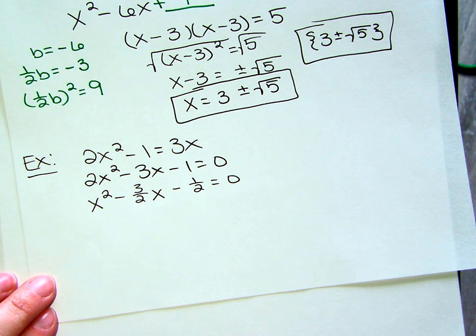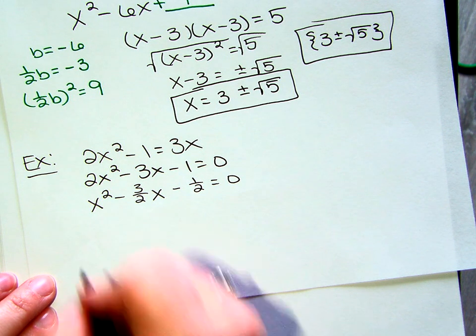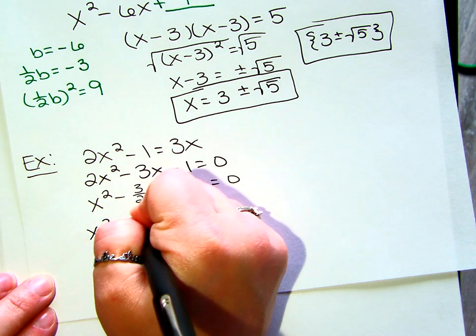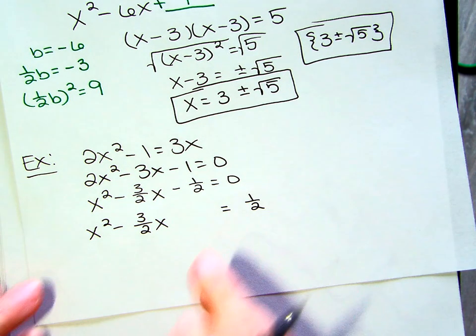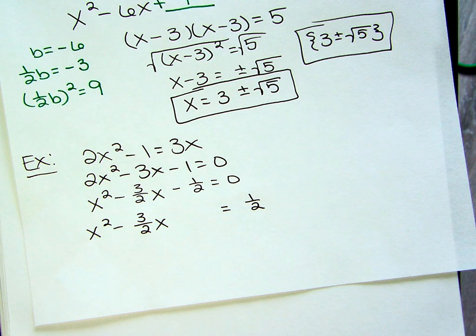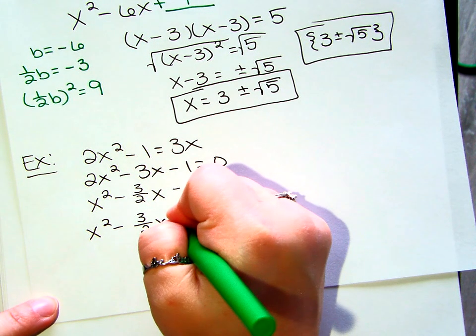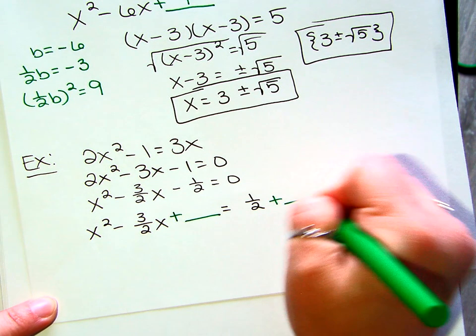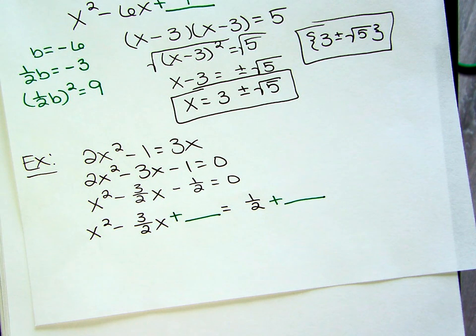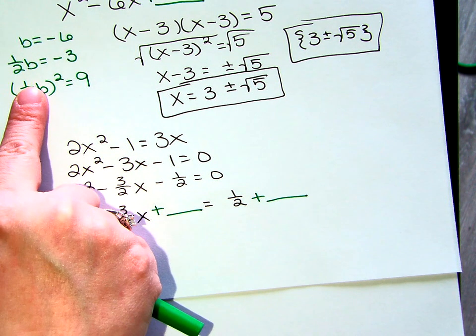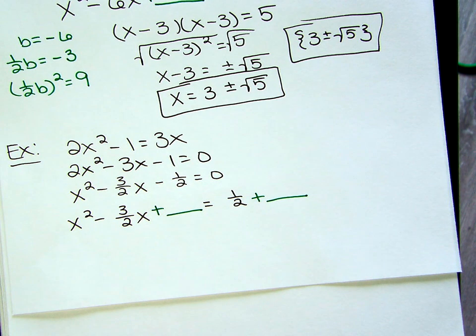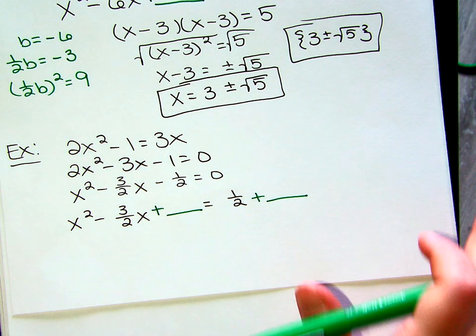So I'm going to have x squared minus 3 halves x equals 1 half. I added that constant over to the other side. Then I'm going to put my plus blank plus blank. Now our b in this case is a fraction. That's okay. This is one of the reasons why I make my little table or listing of my b's over to the side, because it makes it easier to keep track of what's going on and what I'm going to put where.